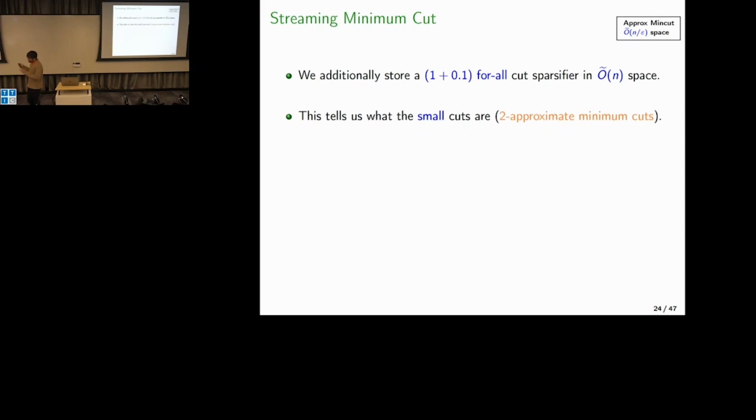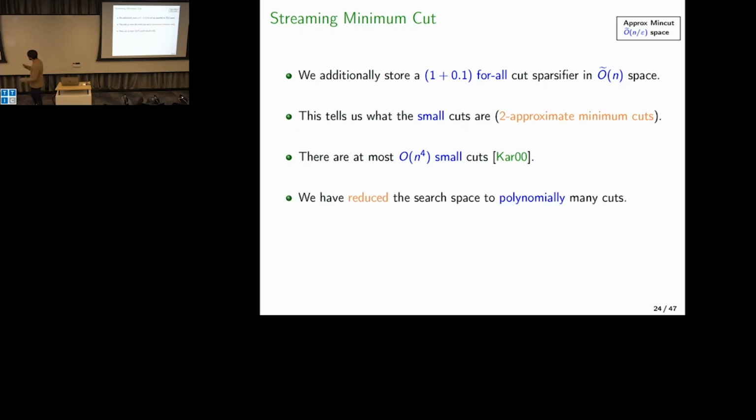So for example, I'm being a little loose here, but it tells us, let's say, what all the 2-approximate min cuts are. And then Karger tells us that there are not a lot of small cuts in the graph. They can be at most n to the 2 alpha alpha-approximate min cuts. So at most roughly n to the 4 small cuts of the graph. So now we've reduced our search space to polynomially many cuts, right?